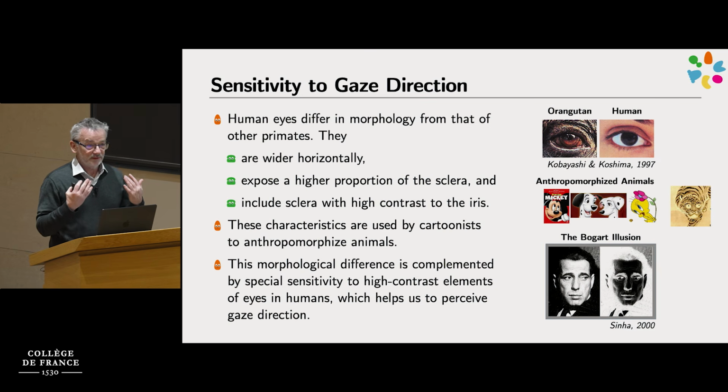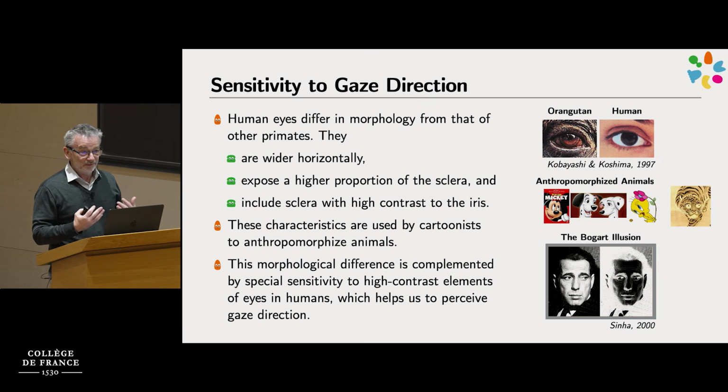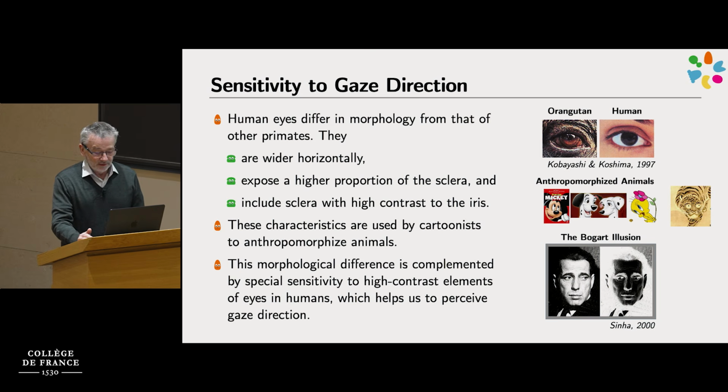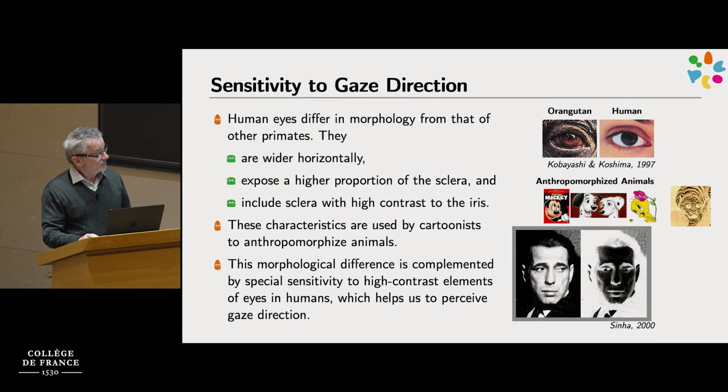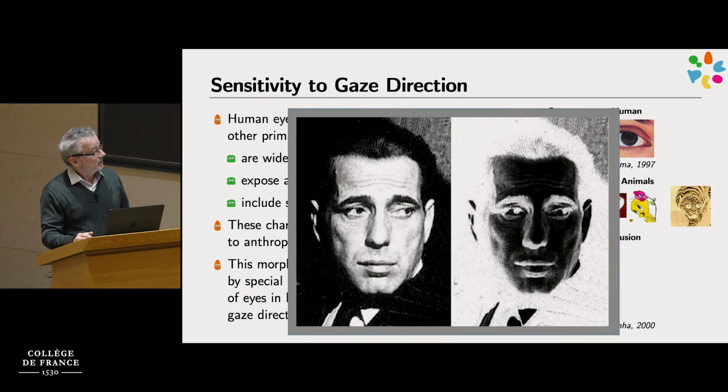If you don't have those white sclera, it's actually not quite clear when two dogs are looking at each other, but here it is. And also, humans are very sensitive to this kind of contrast difference, including babies. This is shown, for example, by this Bogart effect. If you see the illusion, your first impression is that Humphrey Bogart is looking to the left on the polarity inverted version.